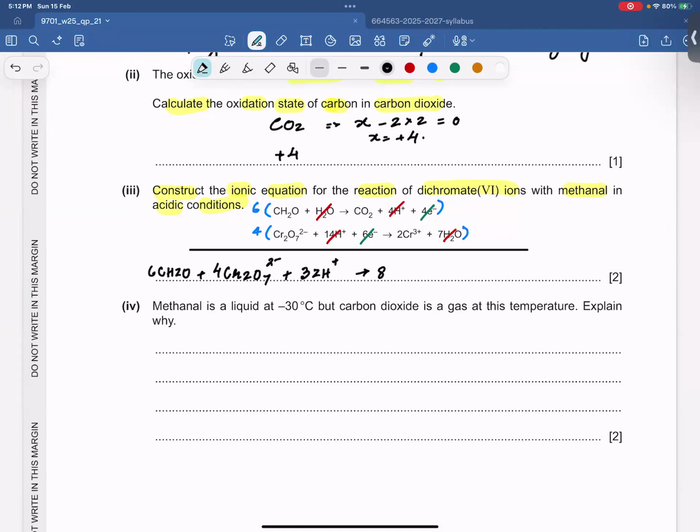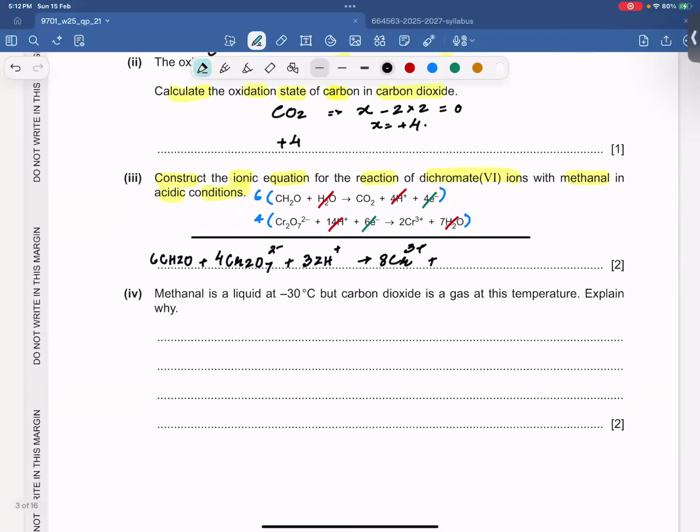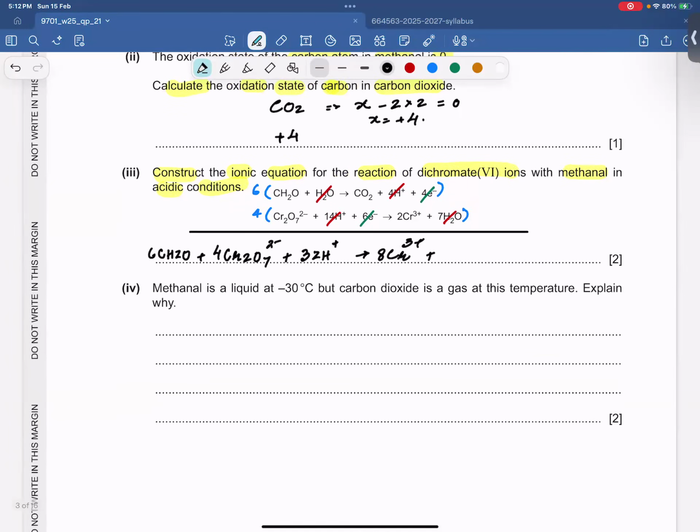Goes to 8 chromium 3+, plus 4 times 7 is 28, 28 minus 6, 22 water molecules left on the product side. And 6 carbon dioxide. So that's my balanced chemical equation, guys.